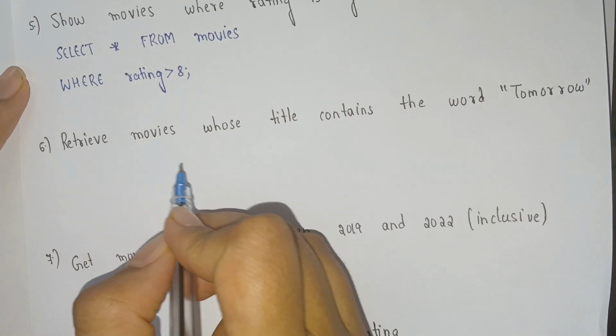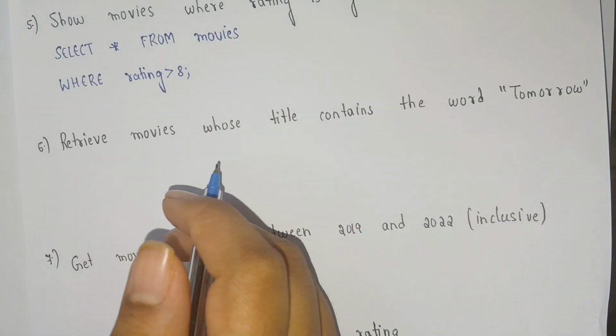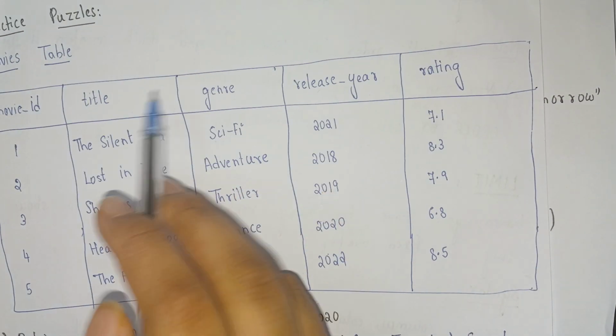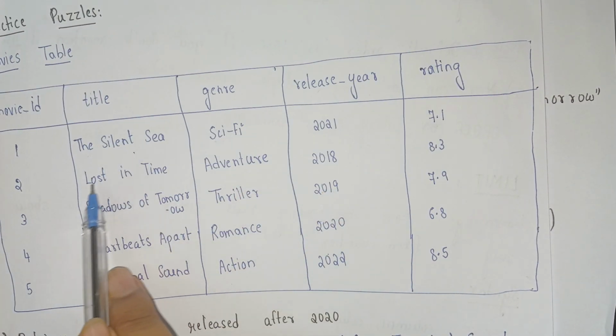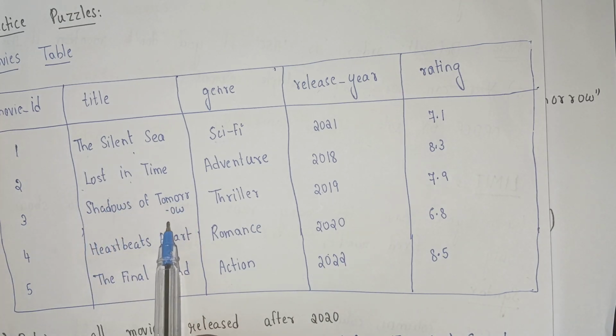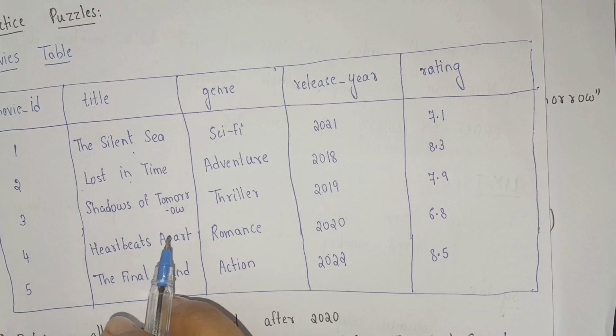Next question. Retrieve movies whose title contains the word tomorrow. Actually, coming to the data, in title we have the Silent Sea, Lost in Time, Shadows of Tomorrow. So in this data we have something called Shadows of Tomorrow, and we want to list it.